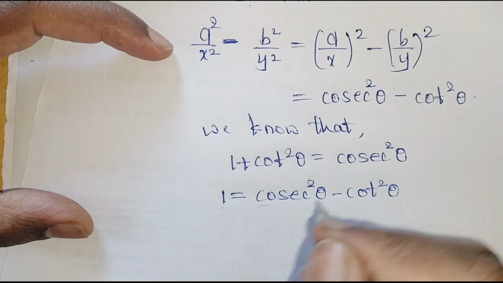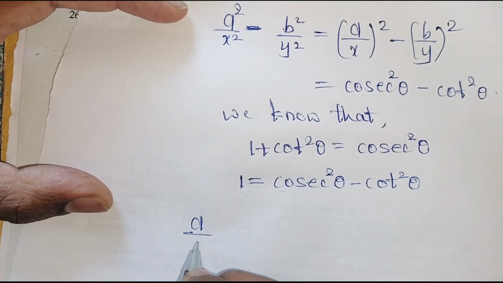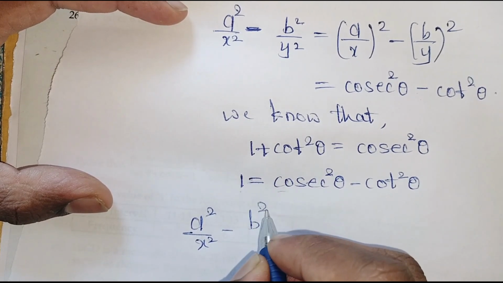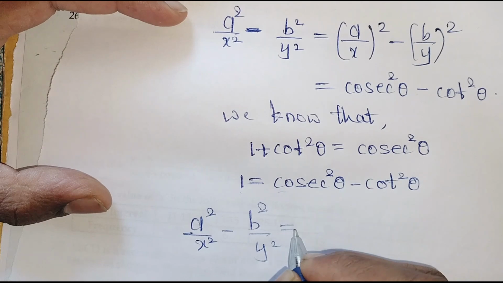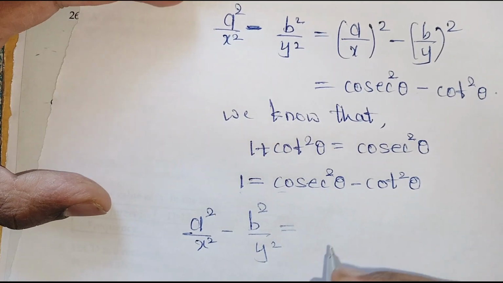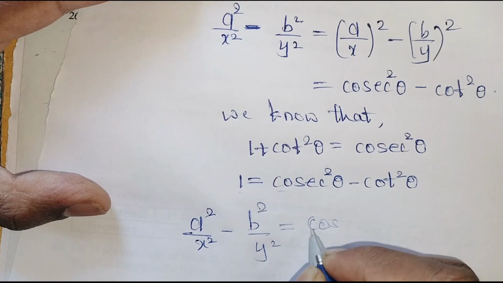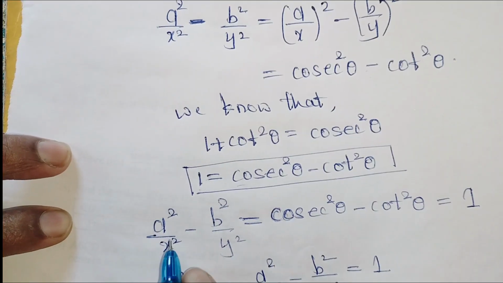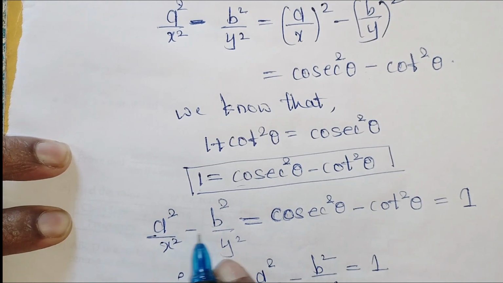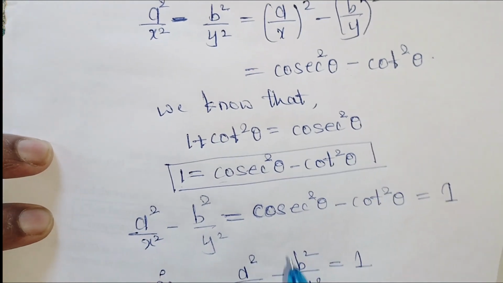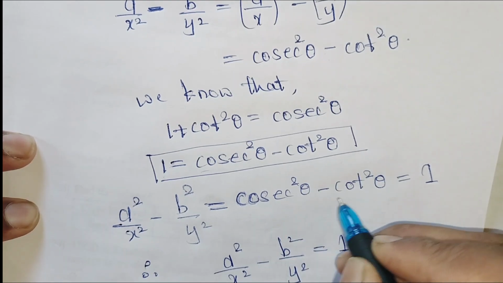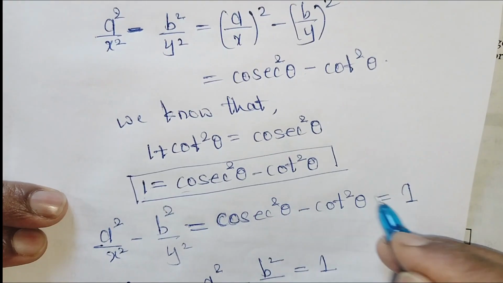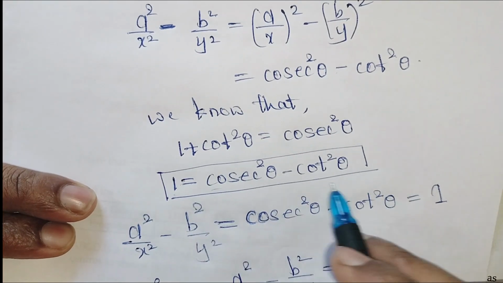Okay, so the answer is: a square by x square minus b square by y square equals cosec square theta minus cot square theta from above, and that becomes 1 using the trigonometrical identities.